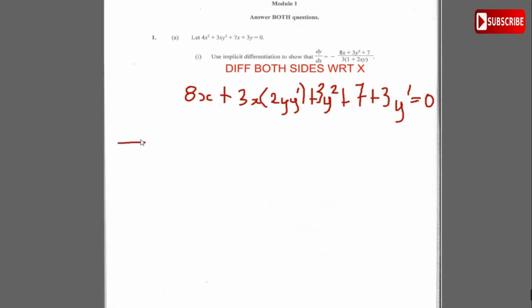So now all we need to do is make y prime the subject. Anything with y prime, we keep on one side. 3 times 2 is 6, and so this can be written as 6xy times y prime plus 3y prime.